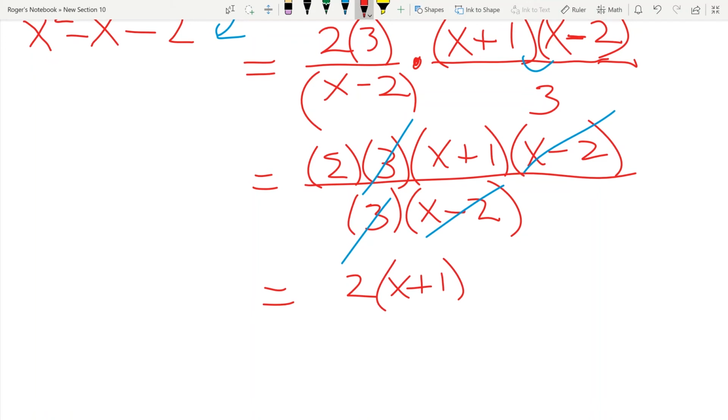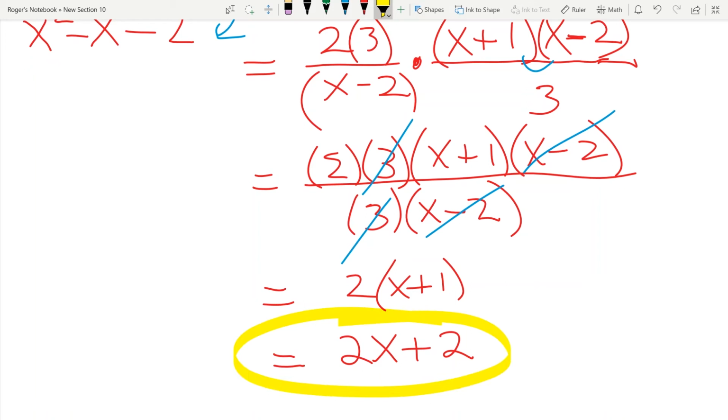What's left in the denominator? Nothing except 1. 1 is left in the denominator, so it's just 2 times x plus 1, which I think looks a little better if we write it as 2x plus 2. Okay, there you go. Final answer, 2x plus 2.